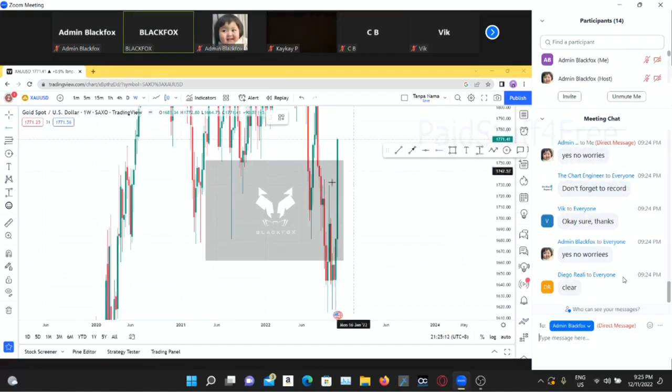So we go to the next syllabus, okay? No question about market structure? Market structure is simple, but really important to use for big direction.